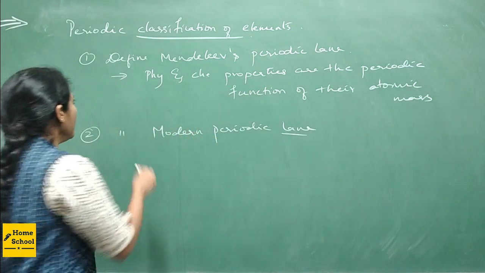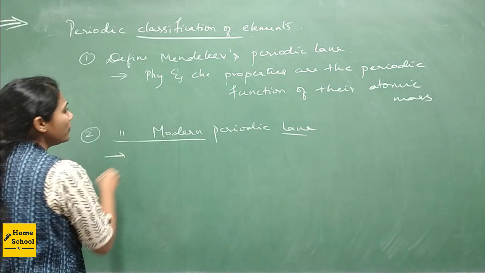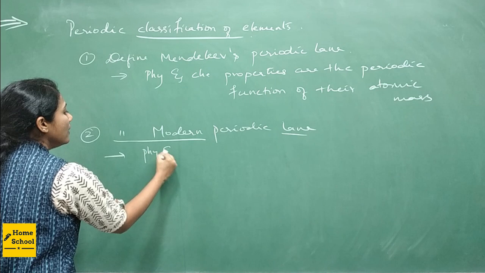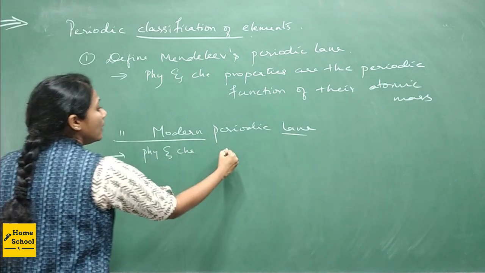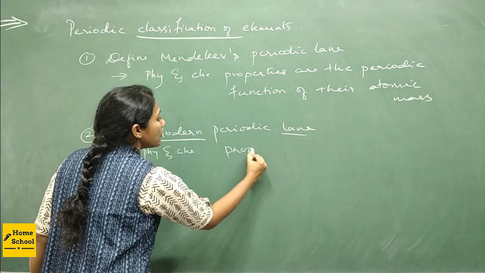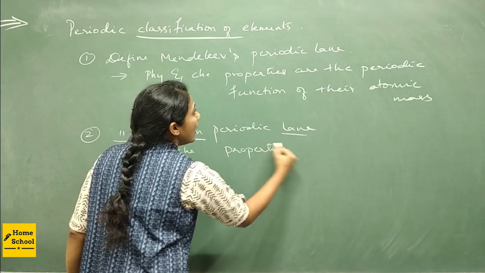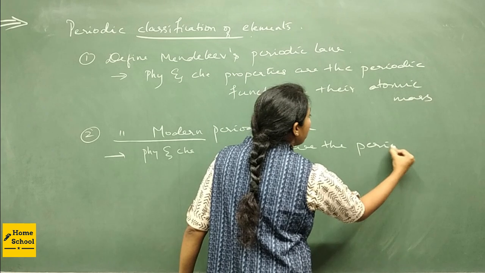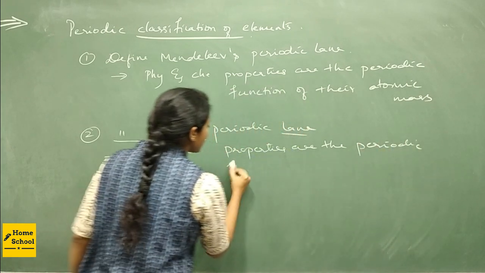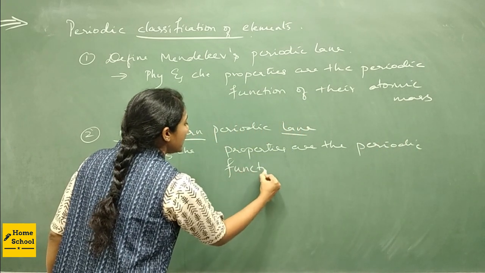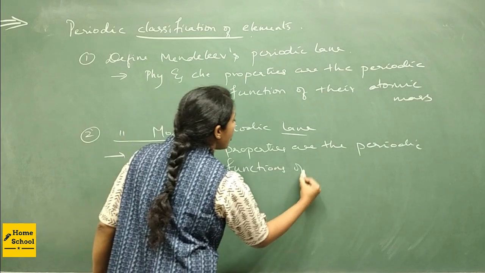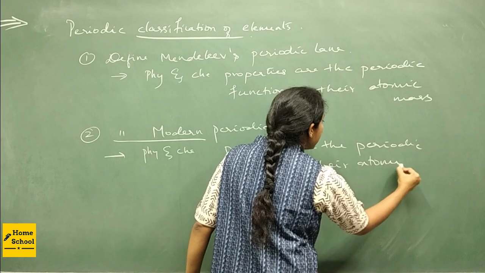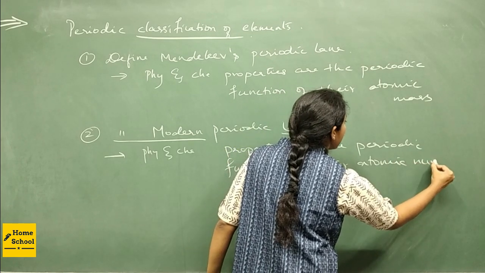Coming to the second question, what do you write as the answer here? Here also, same thing. Physical and chemical properties are the periodic functions of their atomic number. Just this word is different, guys.